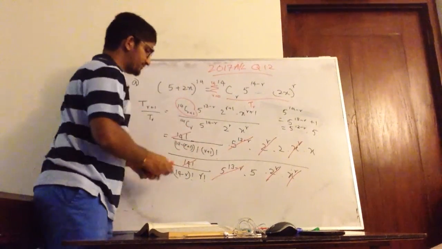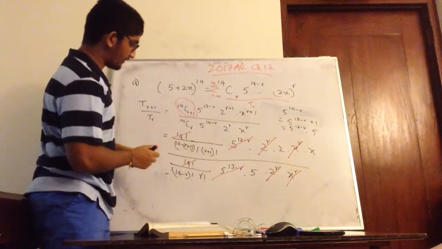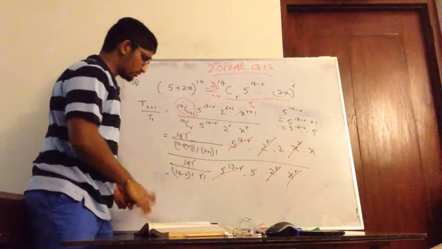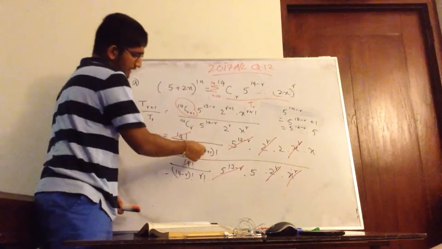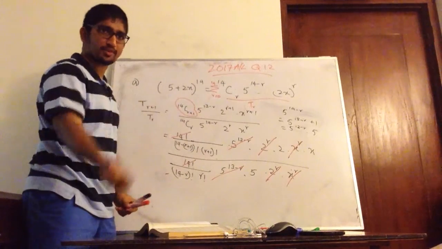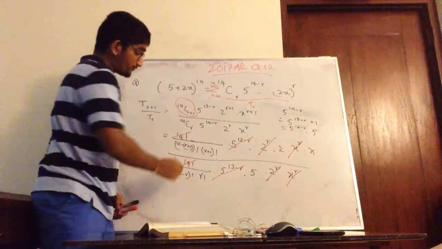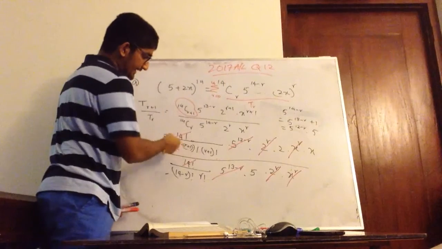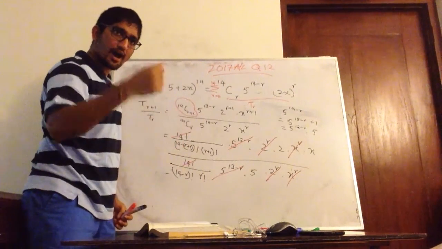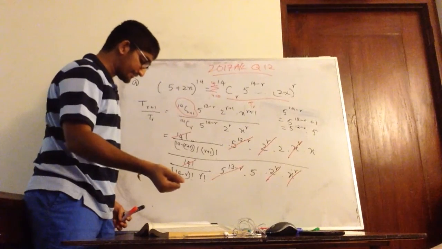Correct? Let's see what we have actually got. Now there's another thing: (r plus 1) factorial can be written as r factorial into (r plus 1), correct? And here you will get (13 minus r) factorial. Correct?